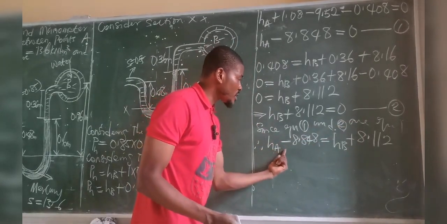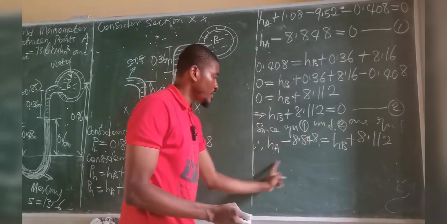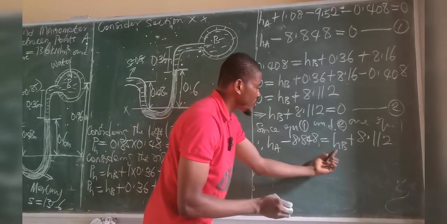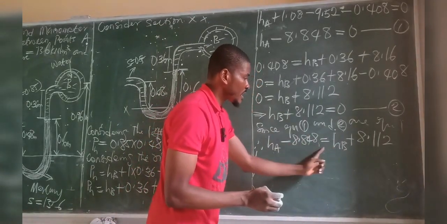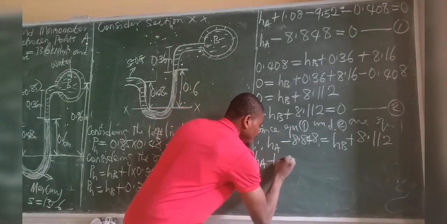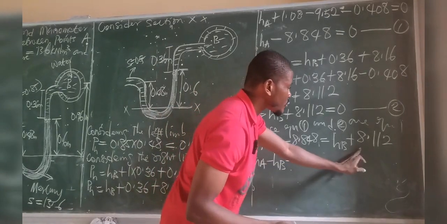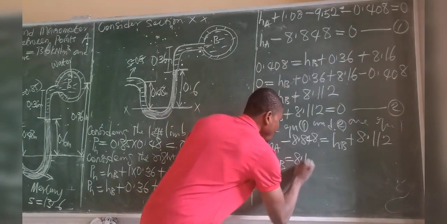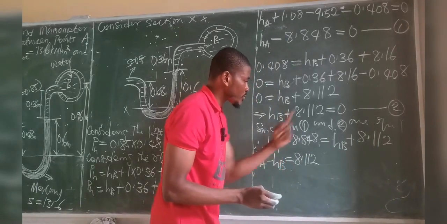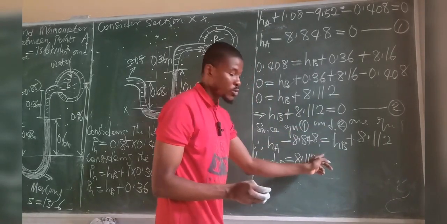Now, if I'm sending minus 8.848 over there, it means I'm left with HA here. So I have HA crossing HB over to this side. Positive sign crossing an equal sign becomes negative. This becomes minus HB, and that's equal to that. Now I'm left with what? 8.112 at this point. Now sending minus 8.848 over here, negative sign crossing equal sign becomes positive.